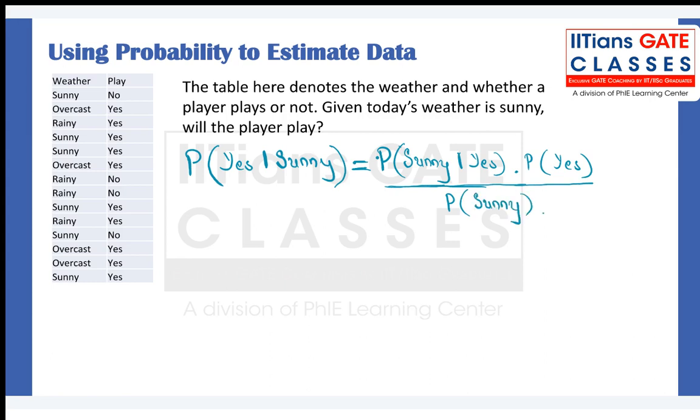Correct? This is nothing but Bayes theorem. All this while, nothing I have changed, nothing I have written extra, nothing I have written new. What is the probability of yes? Can you calculate it given the data? Is it possible to calculate given the data? What is the probability that you will get a yes? If yes, what is it?